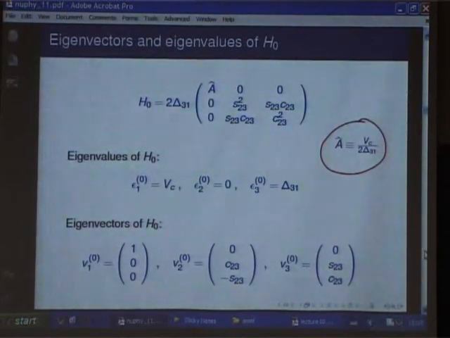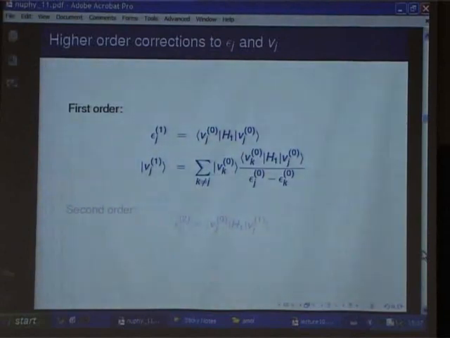Now let me remind you of how to go to higher orders. If you don't remember this, then you should go back and read your textbook. The first order correction to energy is simply vj0 H1 vj0. This is the correction to epsilon j. Make sure the notation is clear because different people use different notations. Second, we know how to calculate first order corrections to vj.